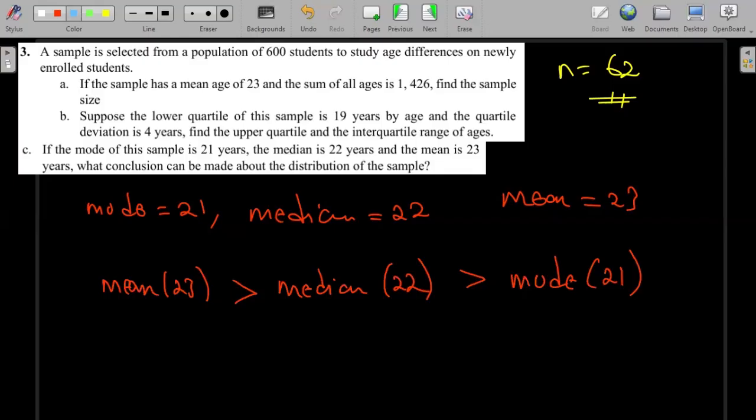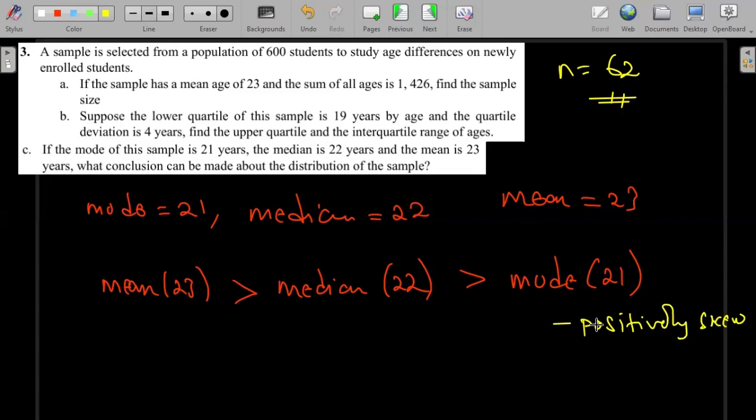When the mean is greater than the median and greater than the mode, we conclude that our distribution will be positively skewed. So the conclusion here is that this distribution is positively skewed, or we can say it is right skewed, or skewed to the right.